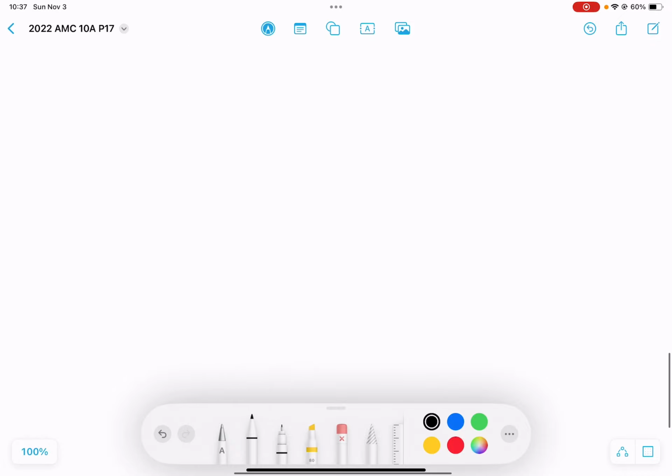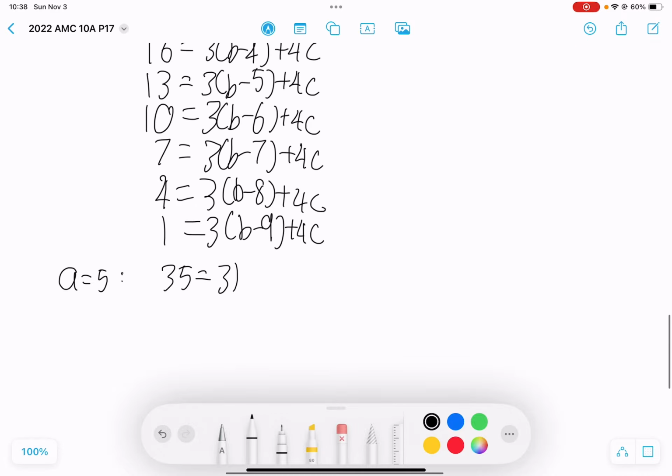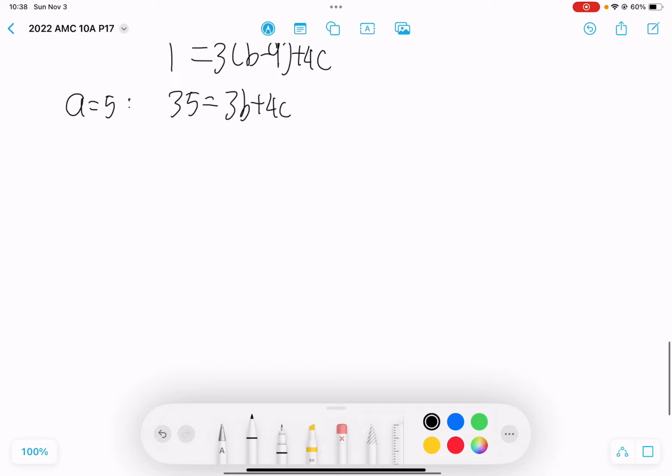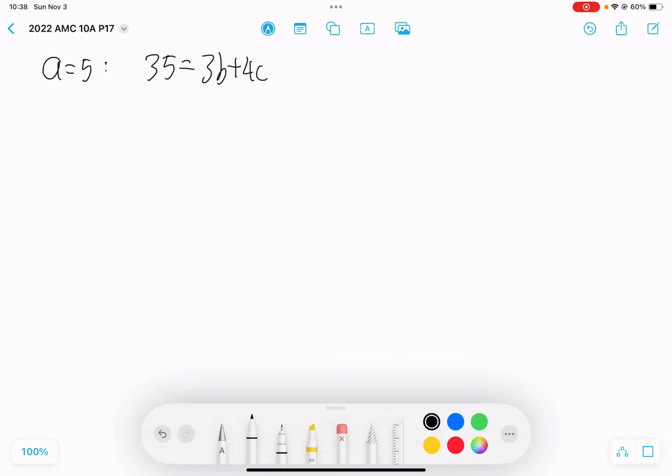So let's move on to a equals 5. When a is 5, we have 5 times 7, 35, equals 3b plus 4c. We want to make sure that we subtract enough 3's such that the remaining number is a multiple of 4, right? So 35 minus 3 is already 32.